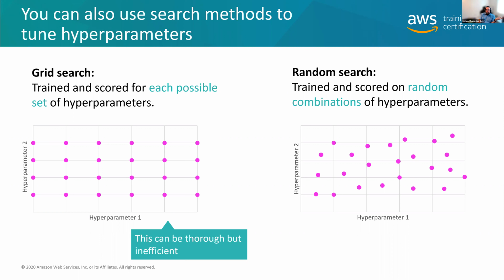Obviously, if you had all the time in the world and all the parallel processing, grid search would be awesome because you would get the absolute exploration of every single possible combination of hyperparameters, and you would truly find the optimal. But remember, we're not looking for the absolute best. We're just looking for the best within the constraints that we have, which is usually time, money, and compute power. So random tends to be a little bit better in that case.